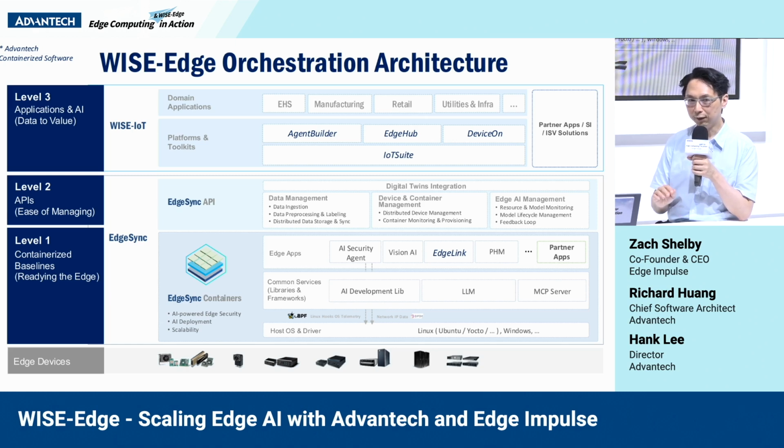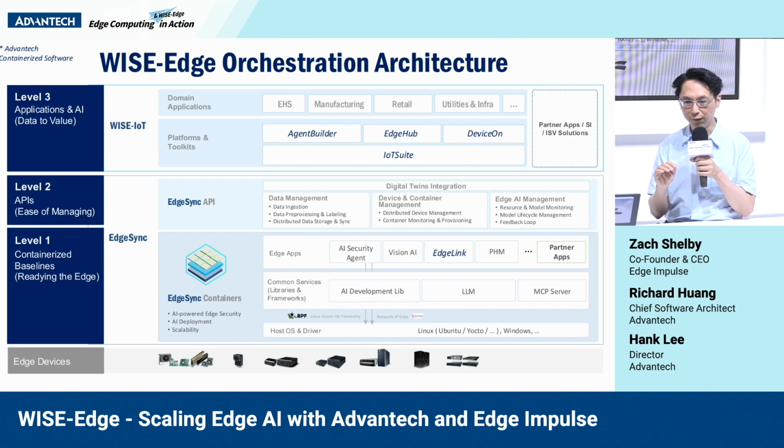But to fulfill the Edge AI requirements nowadays, we know about 3 years ago, everybody talked about AI because of ChatGPT. So we design a new structure, or you can say the new software for industrial use, the Wise Edge architecture, since last year. We can divide them in 3 different levels.